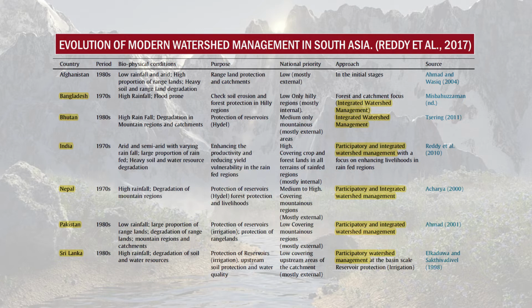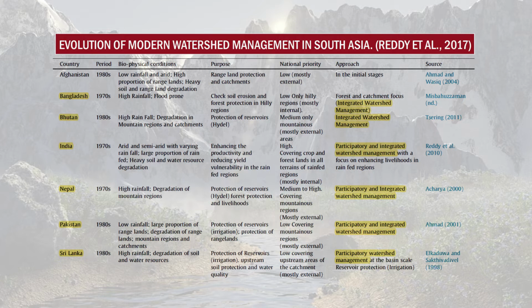In that also, most of the countries follow participatory and integrated watershed management. In Pakistan, in the 1980s, their purpose was also protection of reservoirs for irrigation and protection of rangelands. In that also, you will find the approaches are more or less the same.